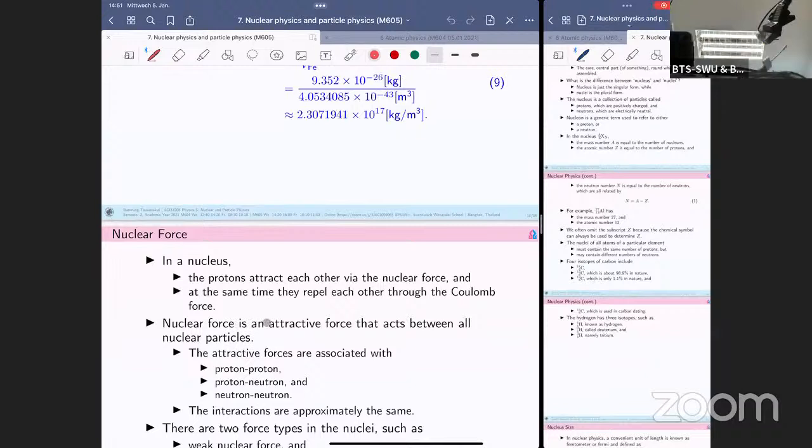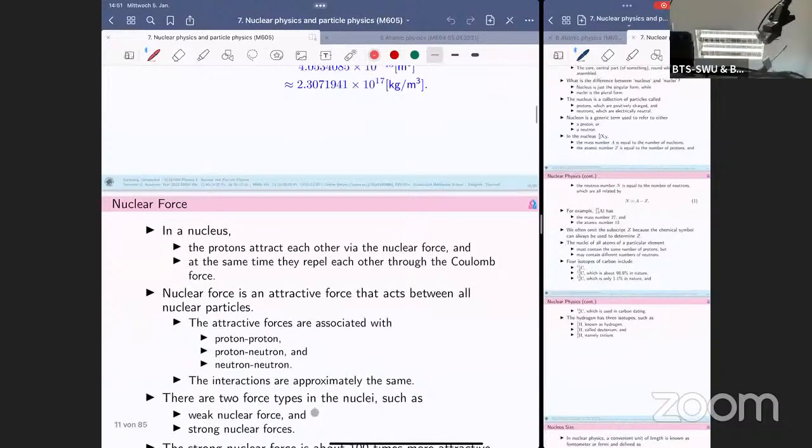So, which kind of relation for the nuclear particles? The attractive force could happen for proton and proton, where there is also repelling force, and proton and neutron too. The interactions are approximately the same.